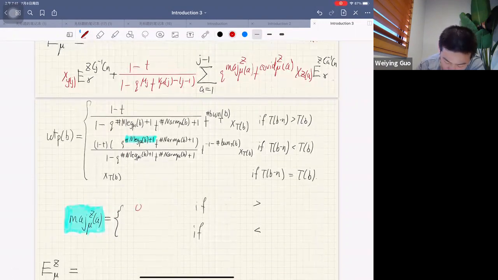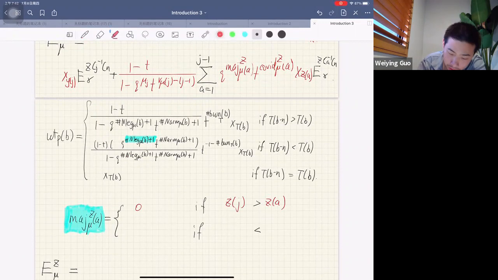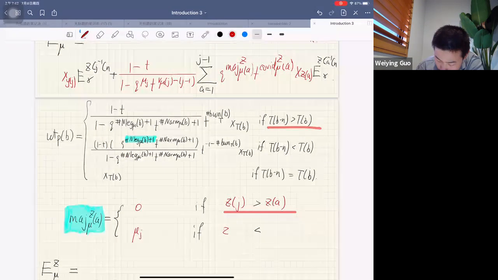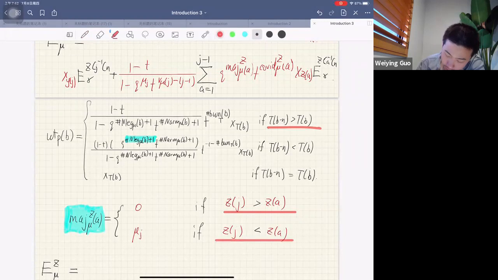The major statistic is defined to be 0 if z_j is greater than z_a. In this case, we have a descent, where we see the correspondence is very clear. Sorry, this is when we have an ascent. If we have a descent, we will just get mu_j, so z_j is less than z_a. In this case, we get a descent here.